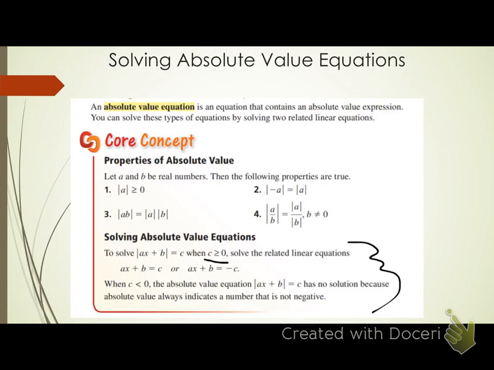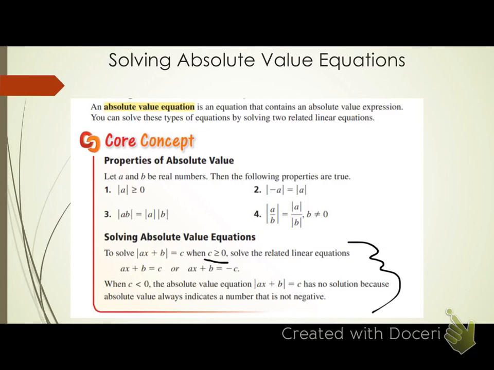Not quite. 0 or higher, so what type of numbers? Positive. So, in order for us to set up our two equations, I need my C value here to be 0 or any positive number. If it's a negative number, I can't set up my two equations, and I'll explain that here in a little bit.